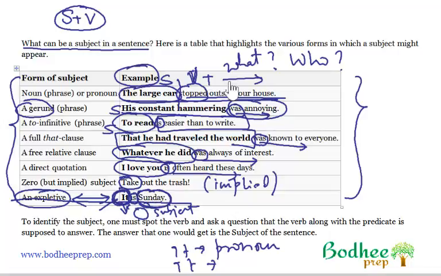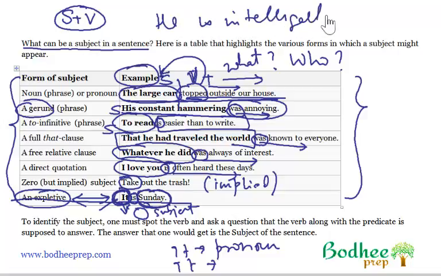So what we have seen in all these examples is that if you spot the verb and you ask a question, keeping in mind what comes after the verb, the subject often answers. The one that gives the answer is the subject. For example, if you say, he is intelligent, right? You look at the verb and you frame a question. You wouldn't say what is intelligent.